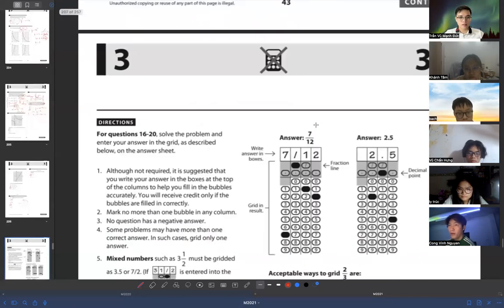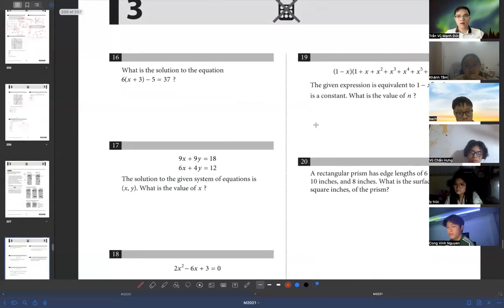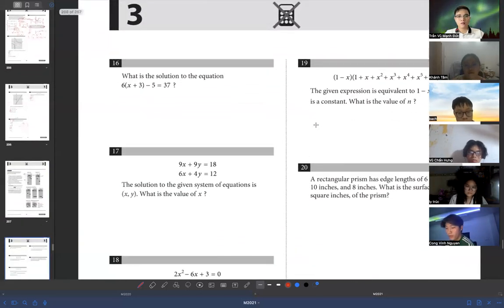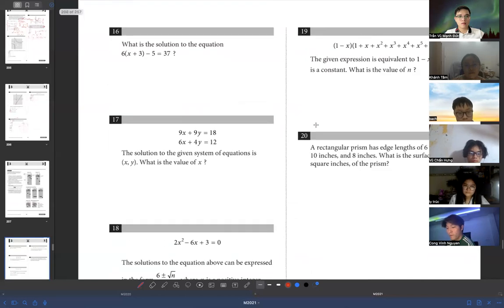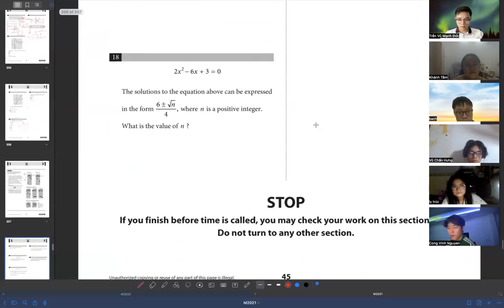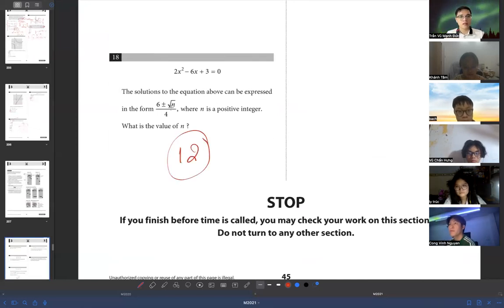So I'm going to ask you to do another one. How about 18? N will be 12. Right. This one, we are basically using that n is a positive value. And this one is solving for x, but they're phrasing the question differently, so it doesn't really bother us too much. You just solve it.